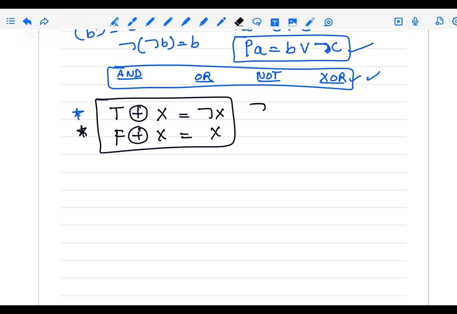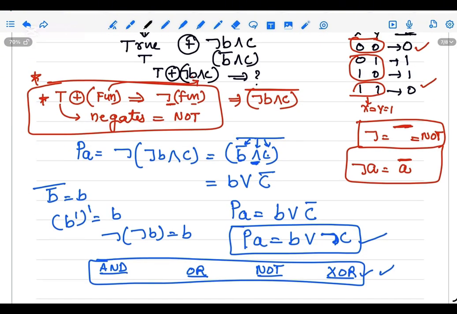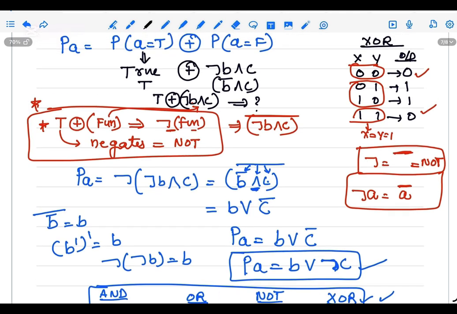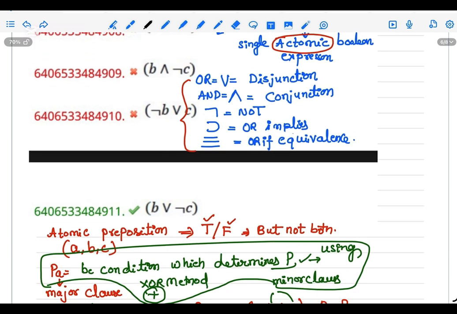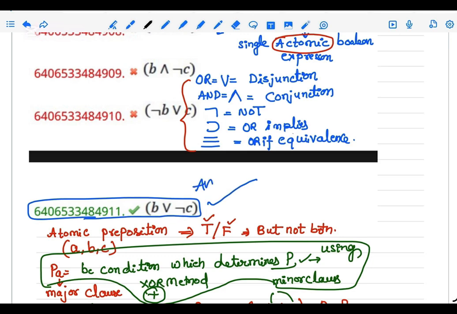Like this, X, right? So this is the true. True XOR with X is negation of X. Otherwise only X. False XOR with X, only X. So the answer for this question is B or negation of C. So this one, right? B or negation of C. This one, correct. This is the answer for this question, D.